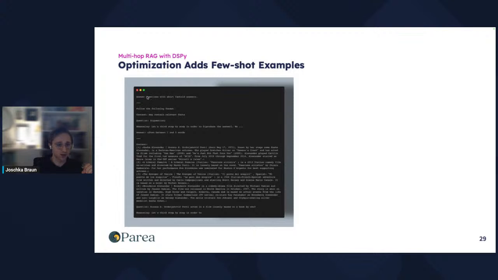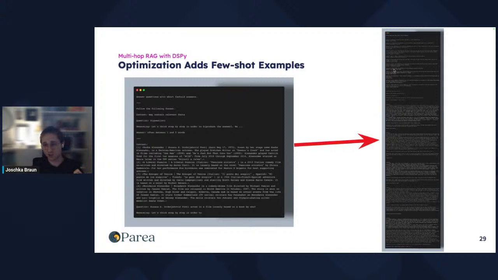We can see here the instruction, answer questions with short factoid answers, the format we specified, and then the actual fields, context and question. And then the optimizer generated a lot of few-shot examples, which led to this very, very long prompt here, which has increased our performance. So we can see here a couple of few-shot examples selected.